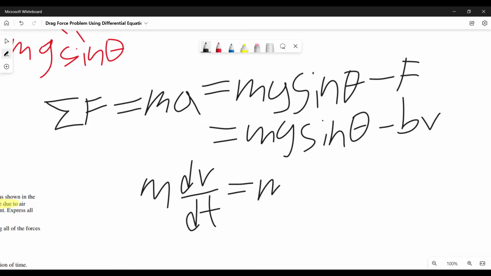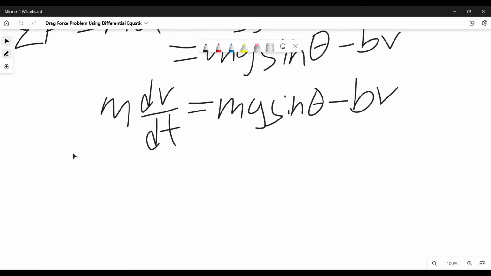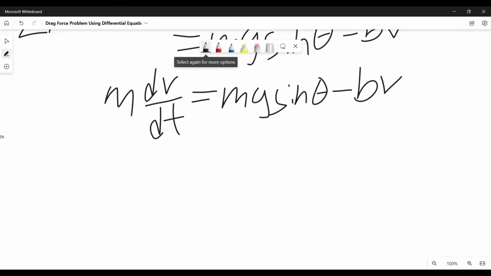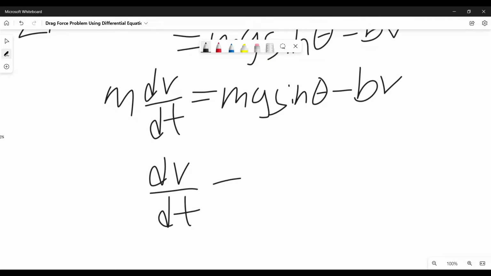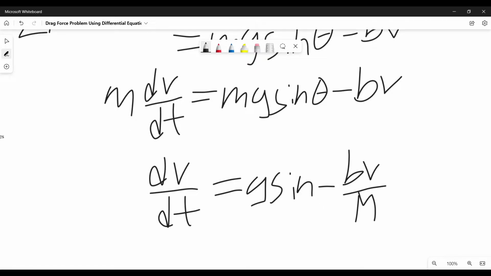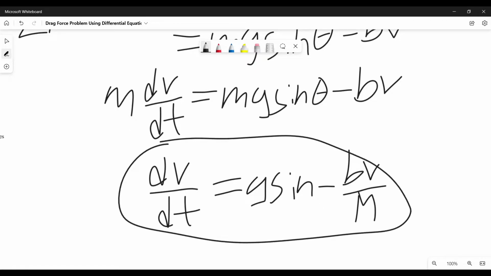And that is of course acceleration, but a more fine-tuned way of saying acceleration, and that also just equals mg sine theta minus bv. Now we divide both sides by m, and we get dv/dt equals g sine theta minus bv over m, since the m's cancel out in the first term. And there we go. That is our differential equation.